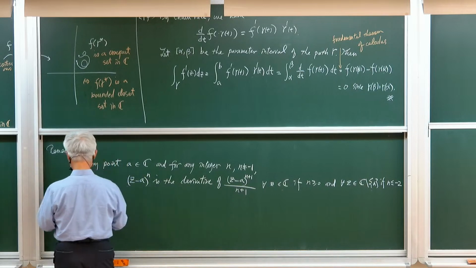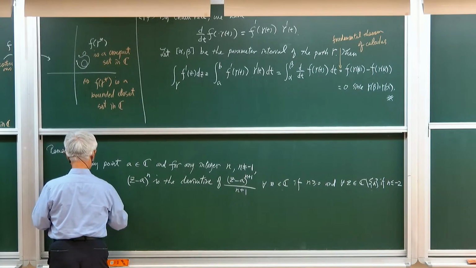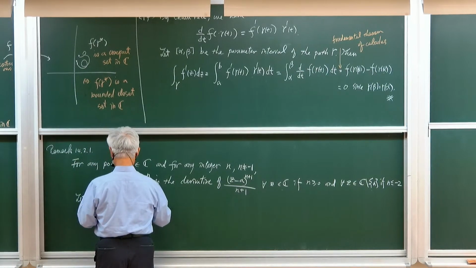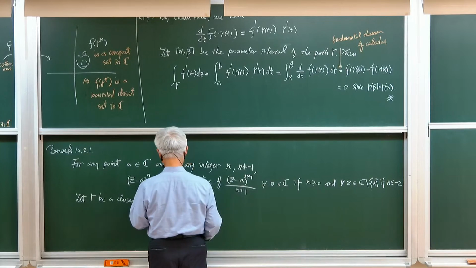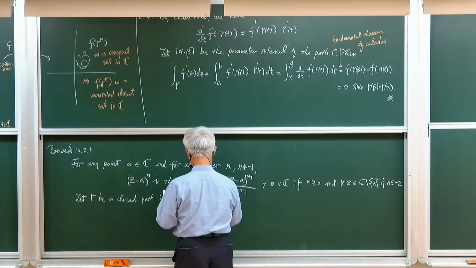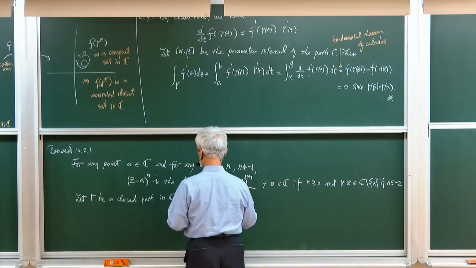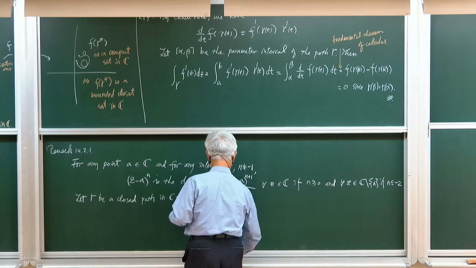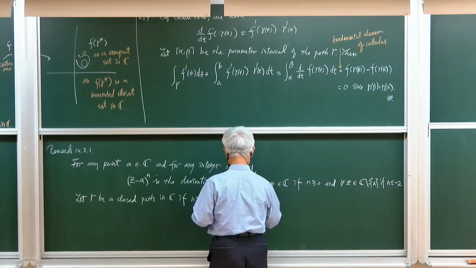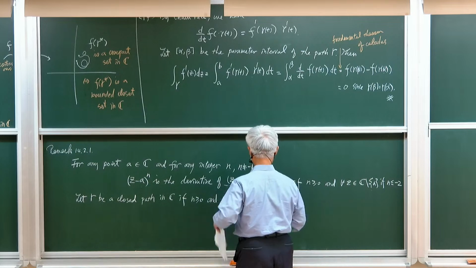Now we consider gamma, so let gamma be a closed path in C if n is greater than or equal to 0, and in C but excluding the point a if n is less than or equal to -2.